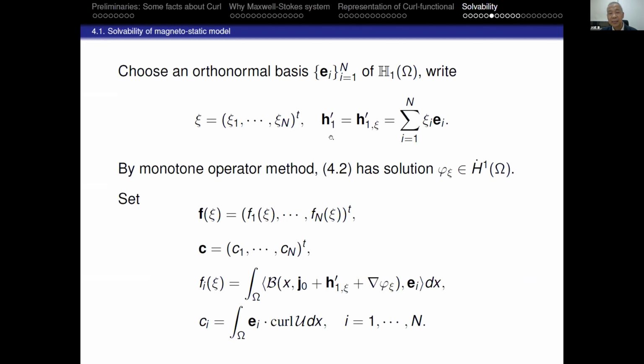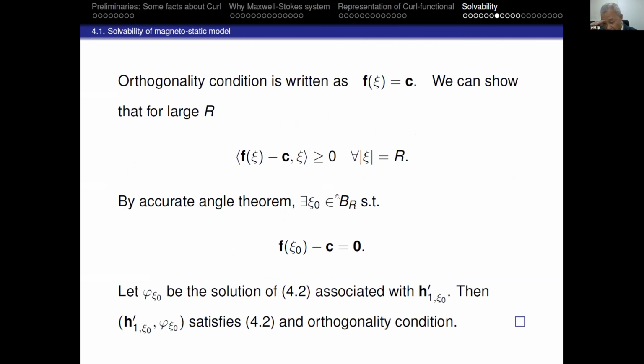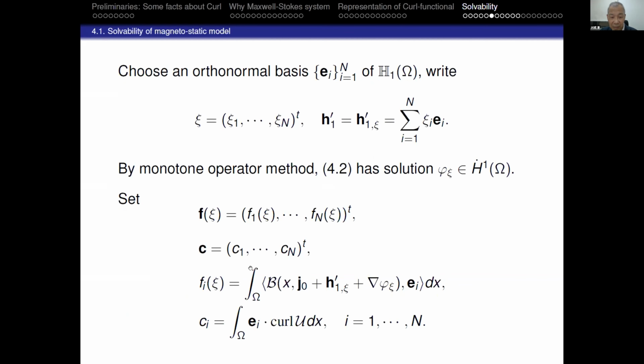And you can use the monotone operator method to solve phi. After you solve phi, you need to choose this phi such that the orthogonality condition is satisfied. And actually, we reduce everything to a map in finite dimension. So this one comes from the orthogonality condition.